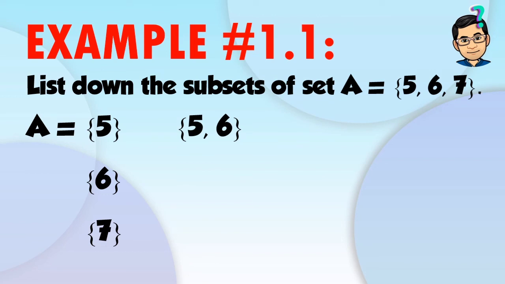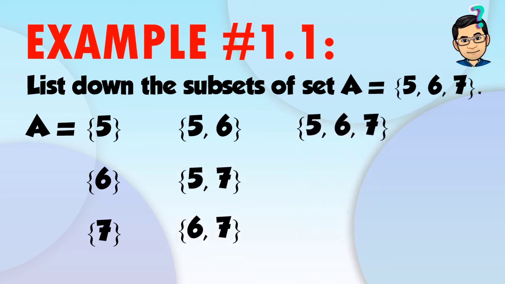Ano pa? 5 and 7, 6 and 7. At yung mismong given na set, which is 5, 6, 7 and elements. And of course, again, null set. Tandaan nyo po, na null set is always a subset of any given set.